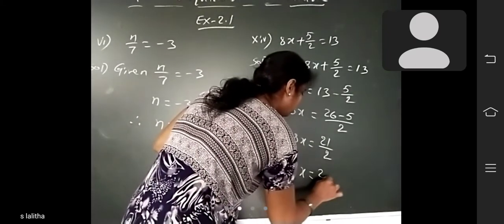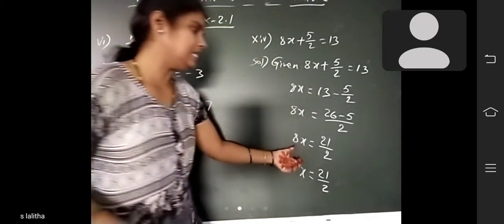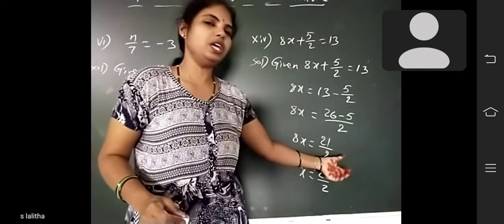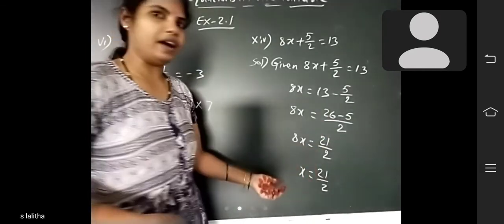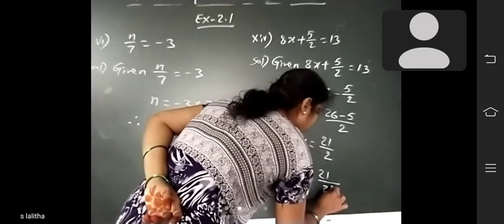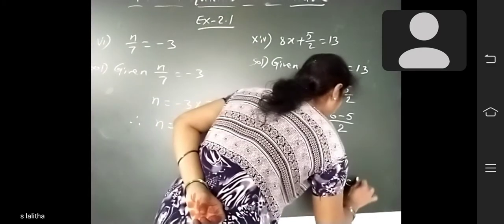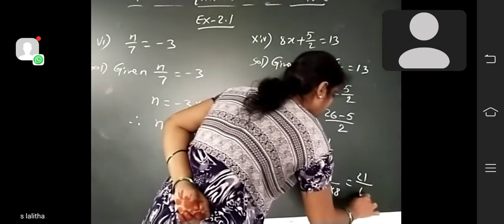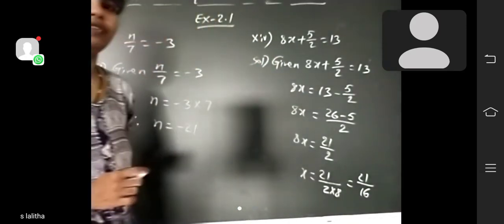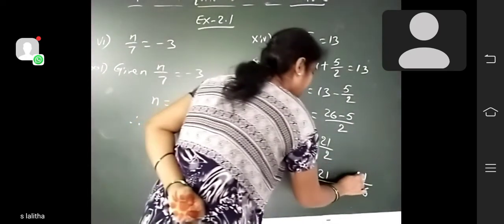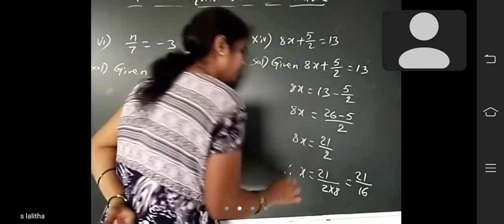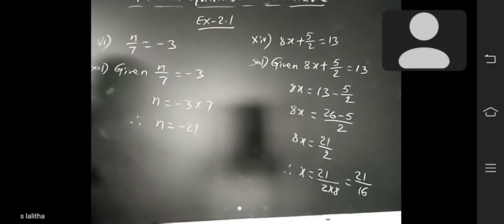Here 8 is multiplied. If you transpose, what will become? Divide. So 21 by 2 into 8, how much? 16. 21 by 16. So what is the x value? 21 by 16.